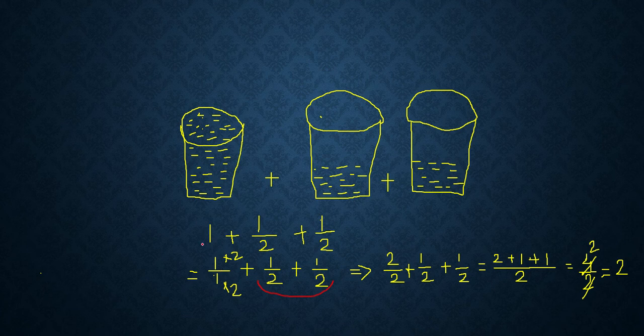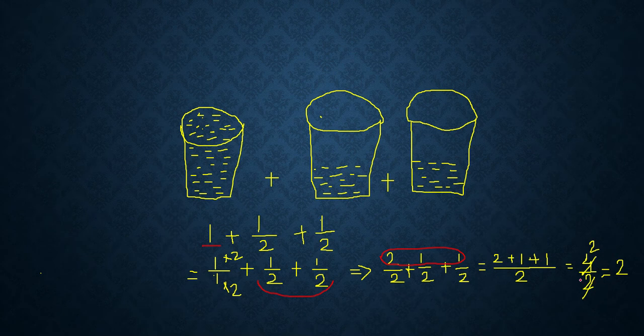Over here there was nothing in the denominator, so we have to write 1. As the LCM is 2, we make the denominator 2: 1 multiplied by 2 gives 2. Now 2 upon 2 plus 1 by 2 plus 1 by 2, we add all these three numerators, that is 2 plus 1 plus 1, and we get 4 by 2.